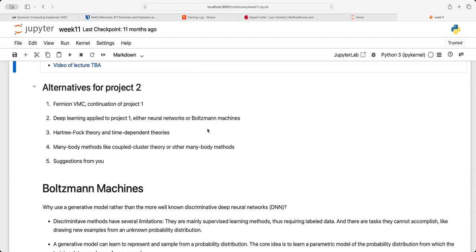So there's a limit to how much we can do in 2 months. But people have replaced the kind of expressions we will deal with by a convolutional neural network or a recurrent neural network. And that has given a revival to these energy-based models within the context of generative deep learning methods.